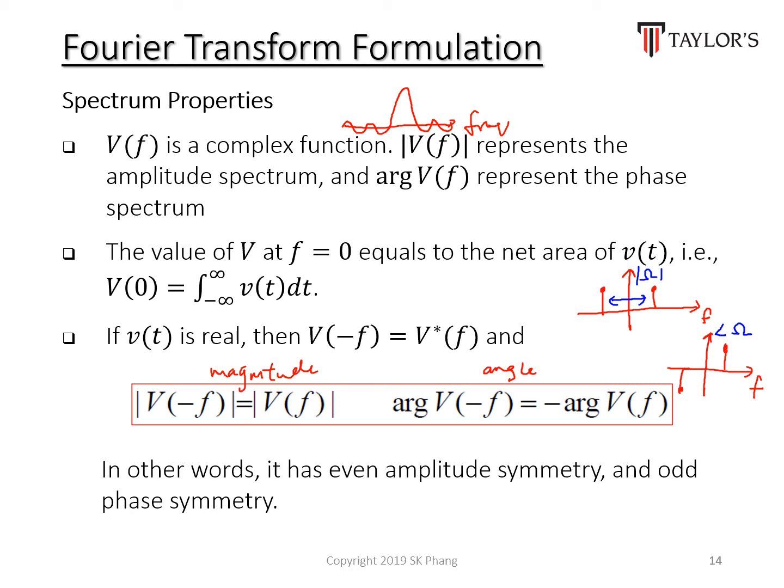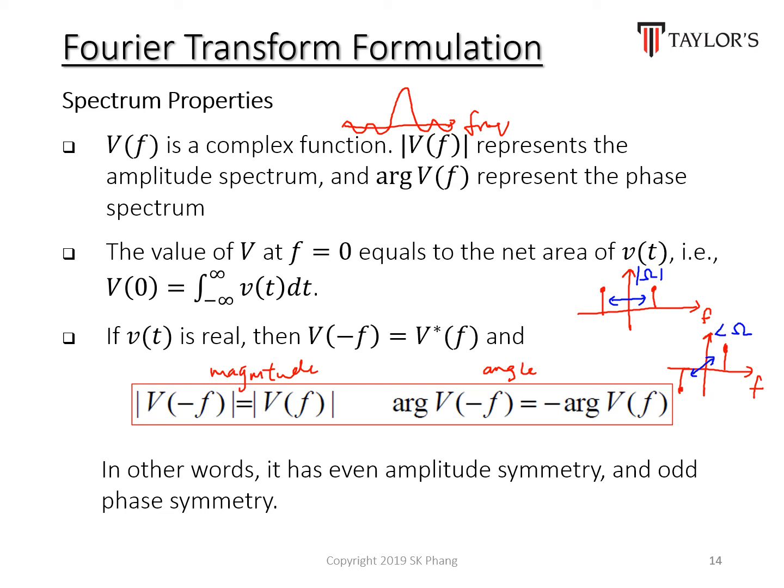And the angles will always be odd symmetry, meaning that the left side and the right side will be reflected on the x-axis. So please recall this. If you cannot recall, please refer back to lecture 1 or lecture 2, one of the lectures that talk about properties of frequency domains, frequency analysis. So this basically talks about the same thing.